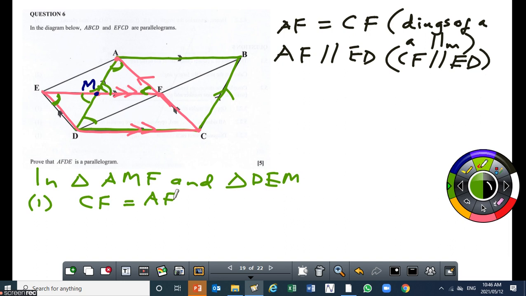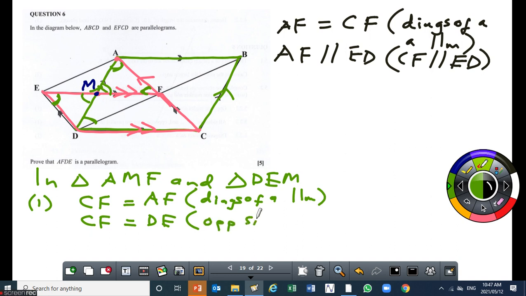I've already written the reason there: the diagonals of the parallelogram. At the same time, CF is also equal to DE, and the reason here will be opposite sides of a parallelogram. Do you agree with me on that?